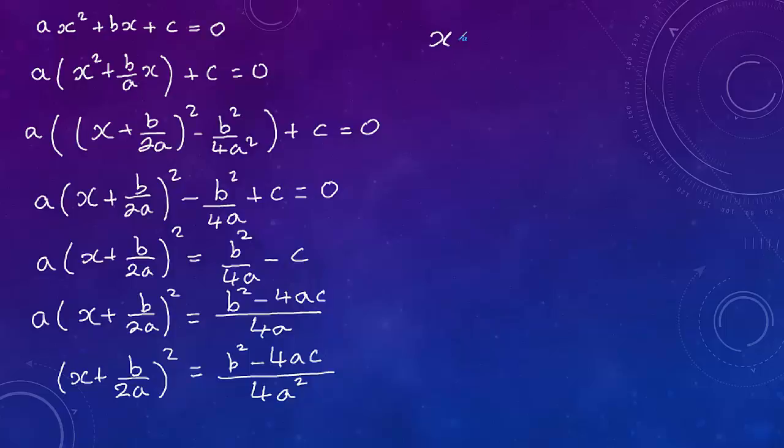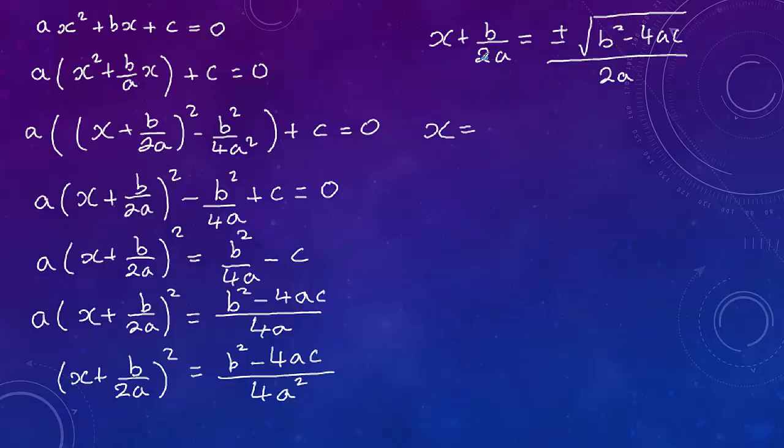So we have x plus b over 2a is going to be plus or minus the square root of b squared minus 4ac. Now we need to square root the 4a squared as well, and 4a squared is 2a times 2a, so that's just 2a.